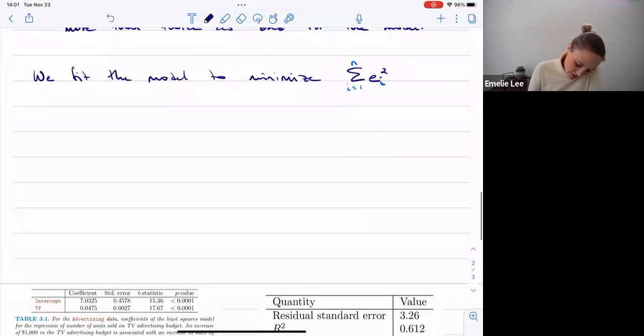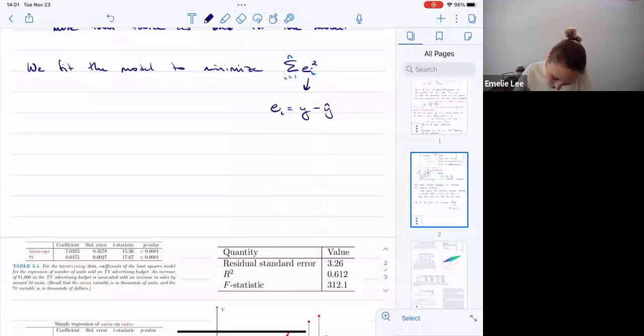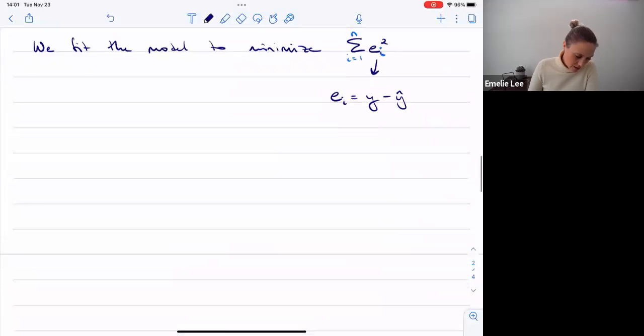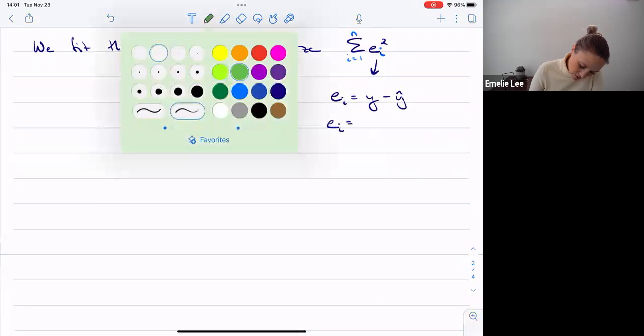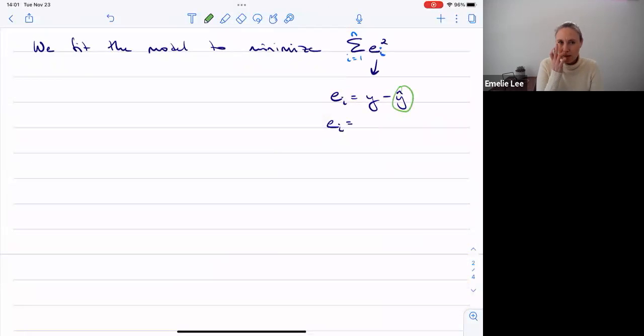And remember, right, we said that the residual is y minus y hat. Okay, I'm gonna add a page here, bump those down a little bit. And so, yeah, but then the y hat is actually beta naught hat plus beta 1 hat x.